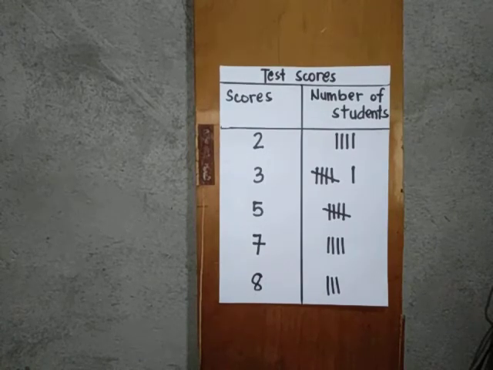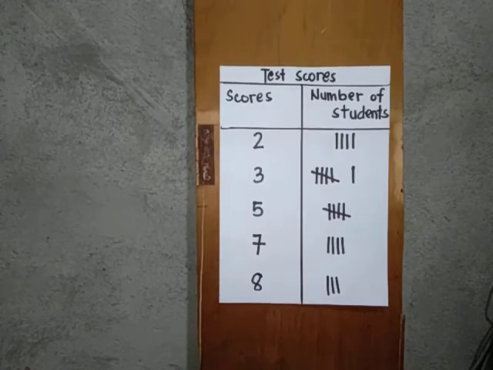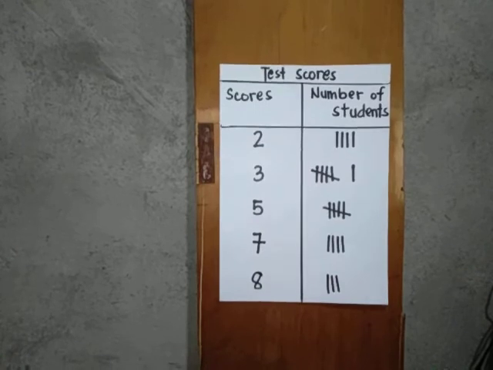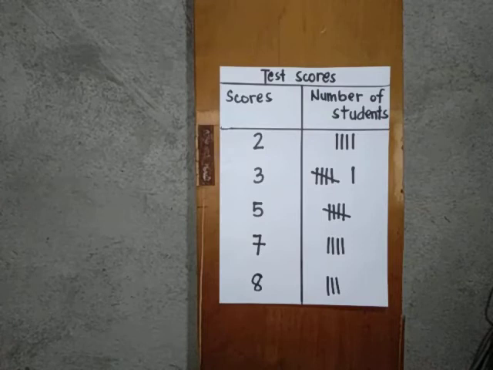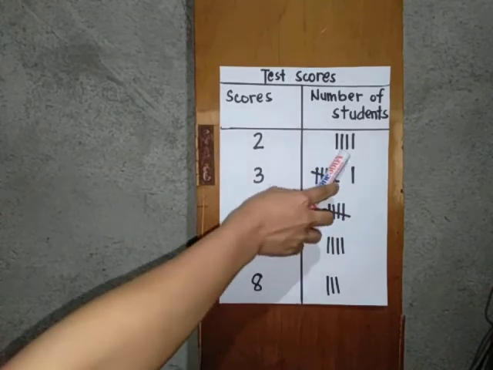How will it work? For example, the students who got a score of 5 on their test is 1, 2, 3, 4, 5. Meaning there are 5 students who got 5 on their test. Another, how many students got 2 on their test? Of course, we will count how many got 2. 1, 2, 3, 4.